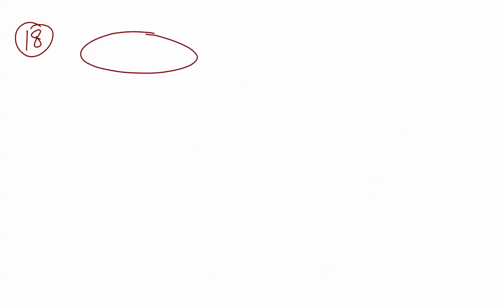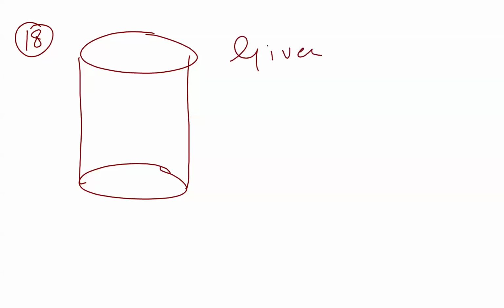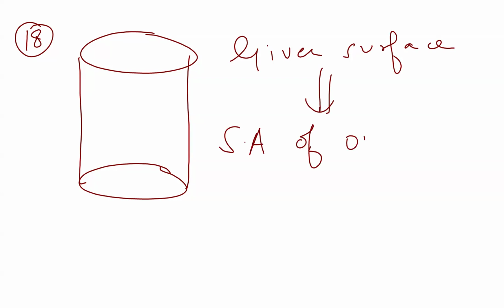So we have an open cylinder. See, there is a very important word mentioned over here: given surface. The meaning of given surface implies the surface area of the open cylinder is constant.